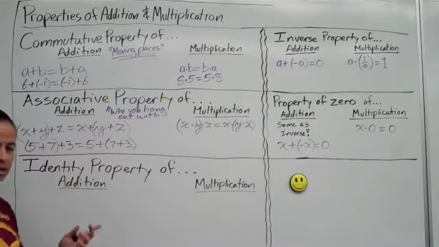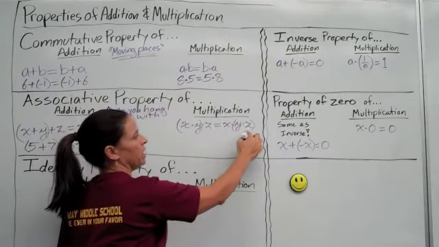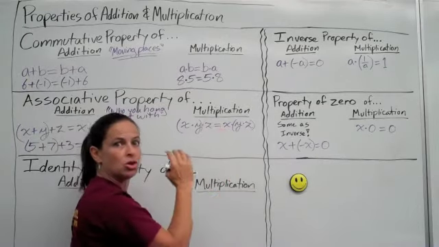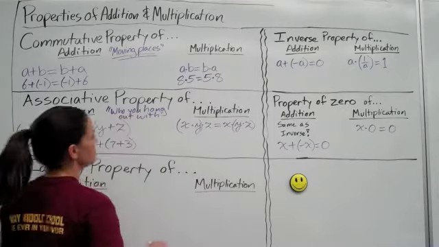Multiplication, same idea. So again, order X, Y, Z, X, Y, Z. They stay in the same order. The only thing that changes is who they hang out with, the association.